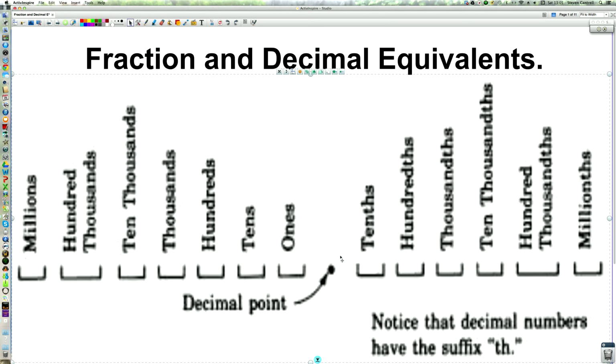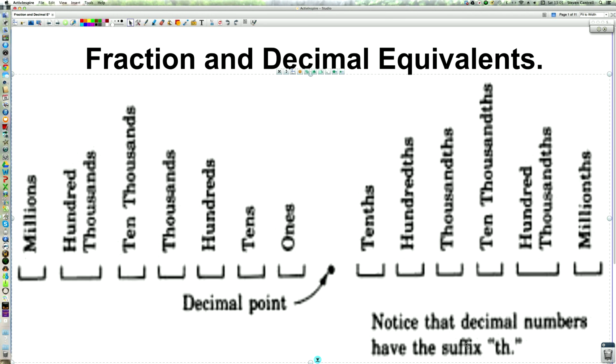But if I go to the right, the less than one whole side, I don't have a ones place. I only have tenths. That's where I start. That's my lowest on that side of the decimal point.